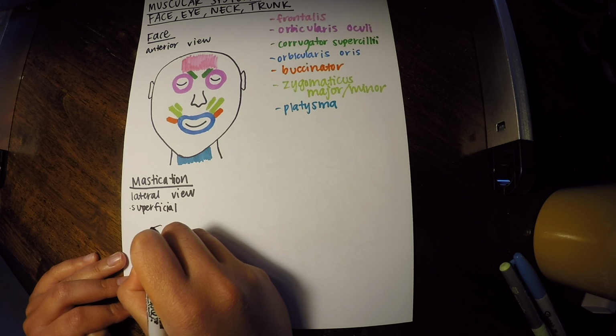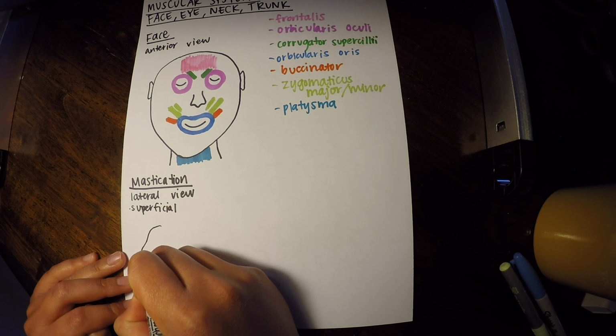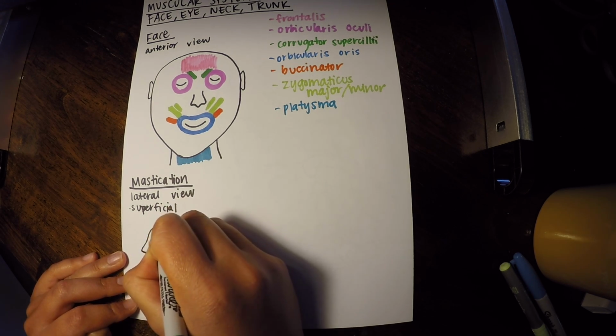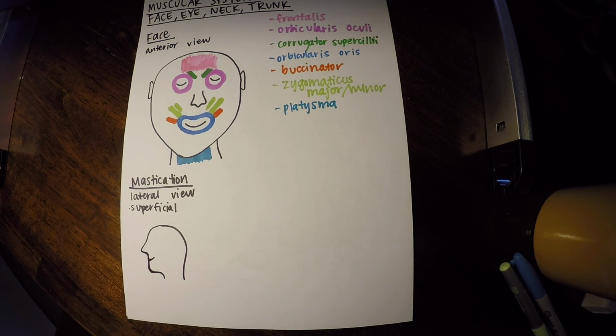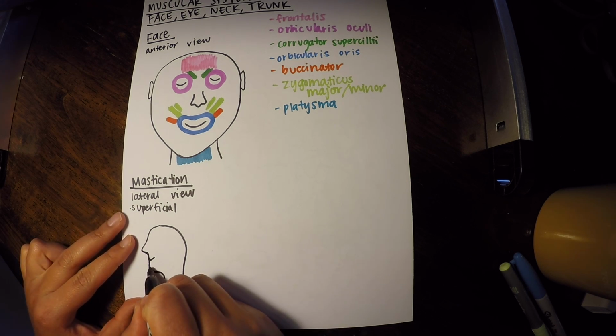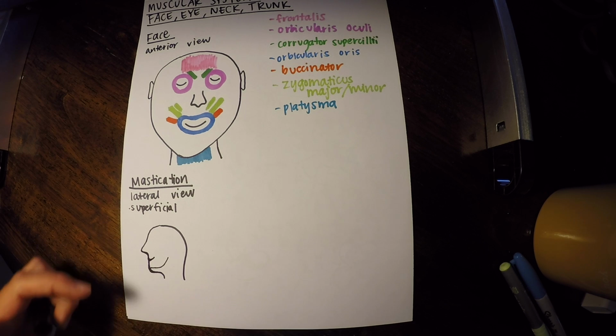And we'll draw a lateral view. There we go. There's someone's head. And I'm going to draw the mandible in right here. So this chunk is just going to be our mandible.